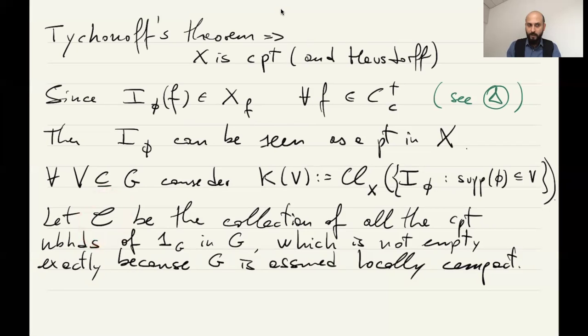Okay. So now for every V inside this family, we are going to consider this set, which is going to be a closed set in a compact set. And now we are going to see that finite intersections are still non-empty. And then we are going to take a point that is in the intersection of all of them.